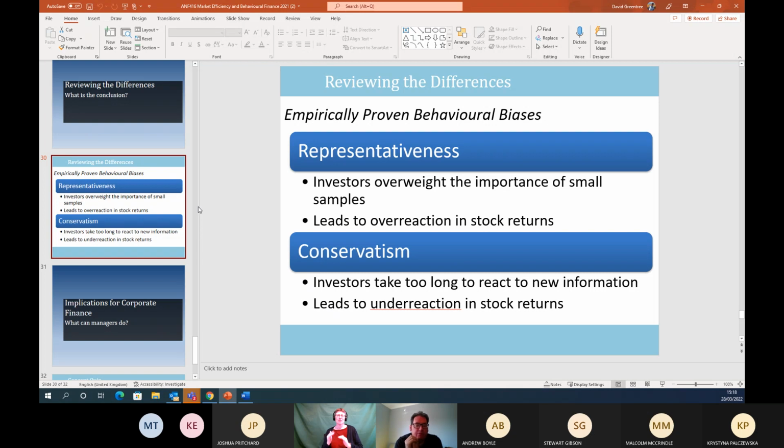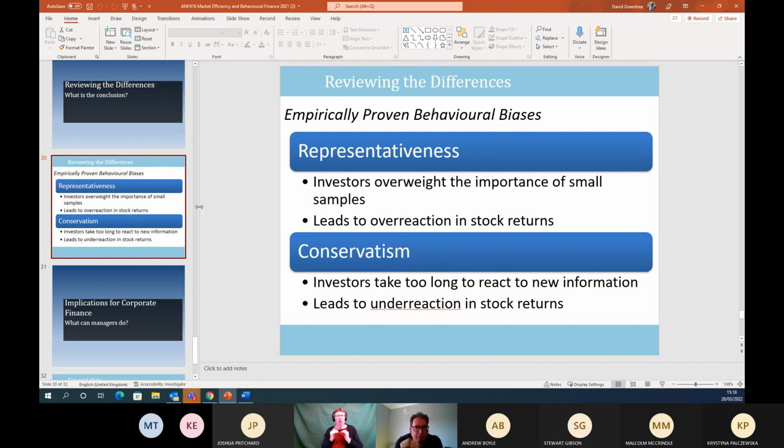If you think from your own personal point of view about how long it takes for you to react to new information and how long it takes to be factored into your actions, it's the same idea on a market. Investors take too long to react to new information, and that leads to an underreaction in the share return.